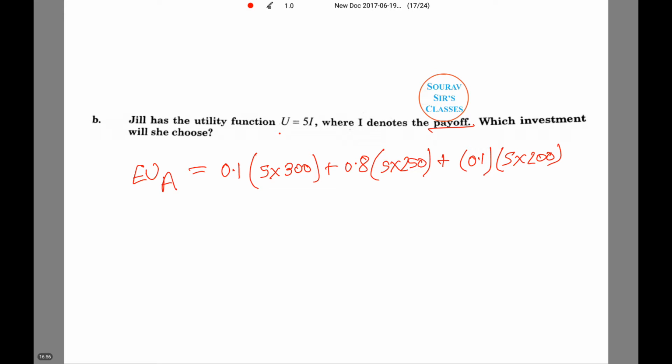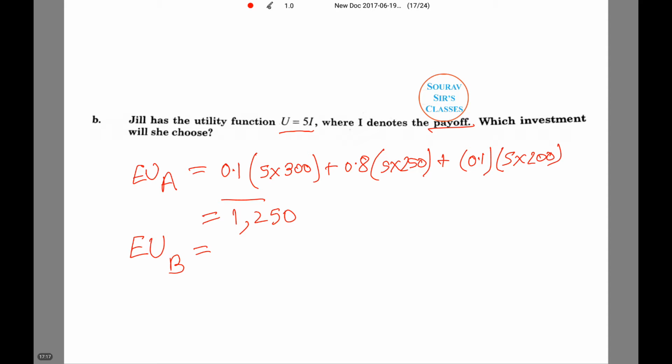Remember, here we have a utility function u equals 5I, and taking I from the table we put it in, and calculating this we find EU equals 1250.